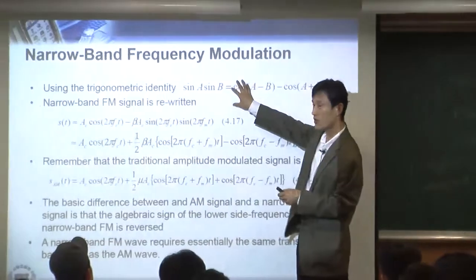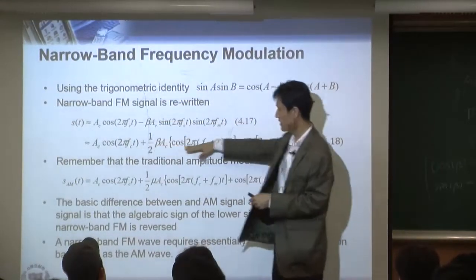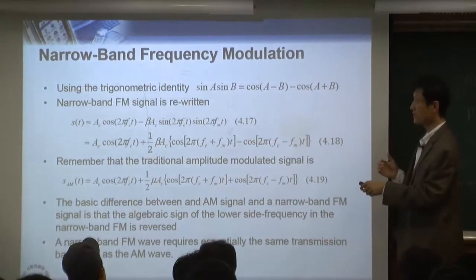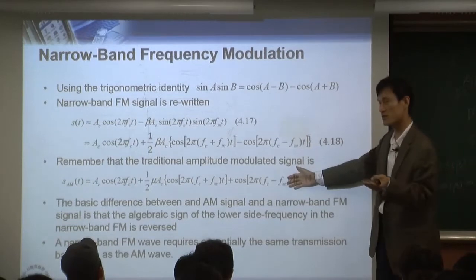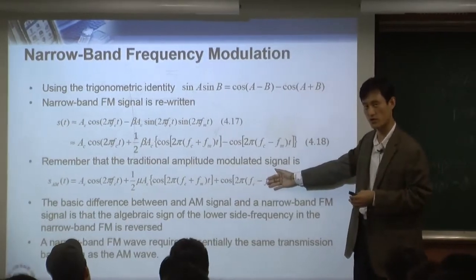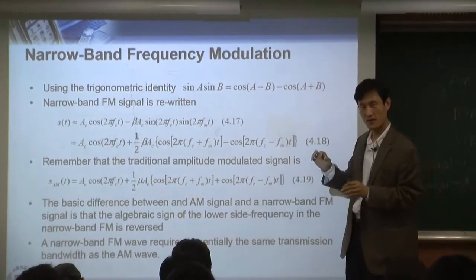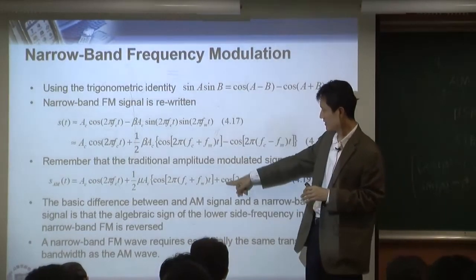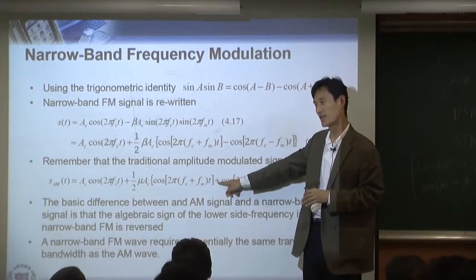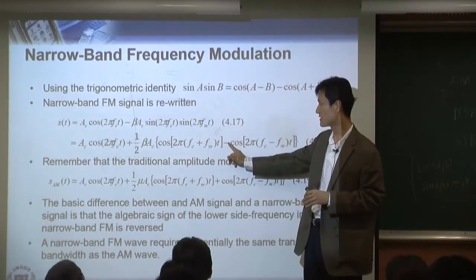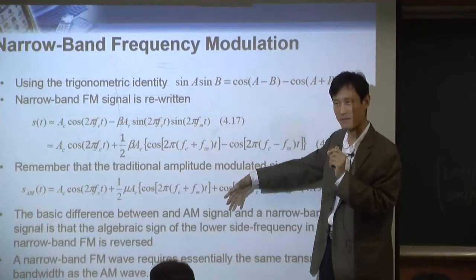Now in narrowband FM, we eventually come to here. What I'd like to do is compare the narrowband FM signal with our previous DC added amplitude modulation. It looks very similar, right? Actually, it's almost the same. The only difference is that in the previous amplitude modulation, we have a plus, and now in narrowband FM, we have a minus. Otherwise, it's exactly the same.